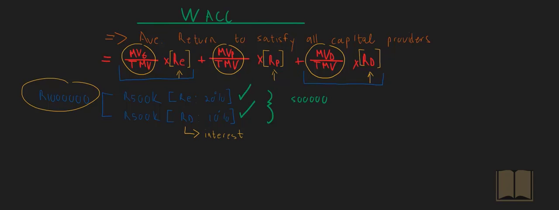It's the 500,000 Rand value of your equity divided by the total value of your capital, which is R1 million. So 500,000 divided by R1 million multiplied by 20%, plus the market value of debt, which is 500,000, divided by the total market value of debt and equity, which is R1 million, multiplied by the return wanted by your debt providers.